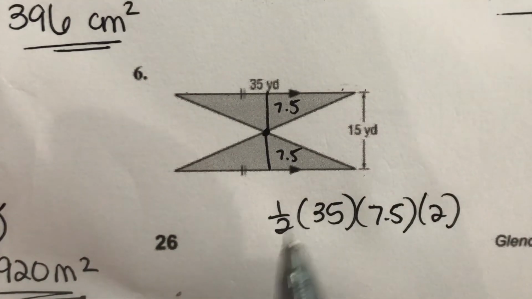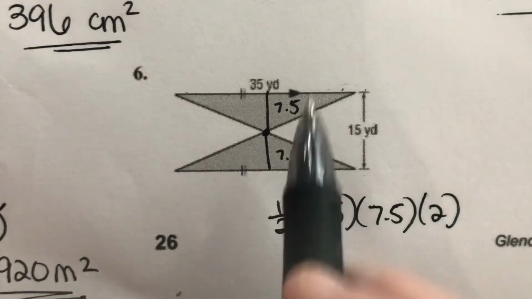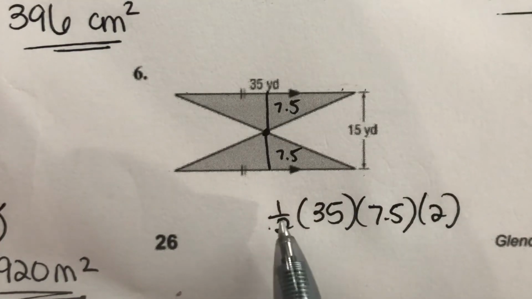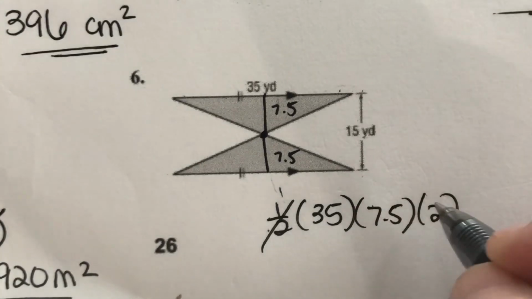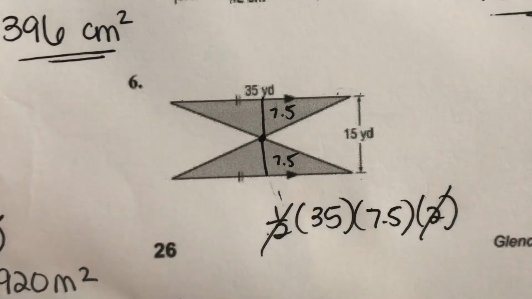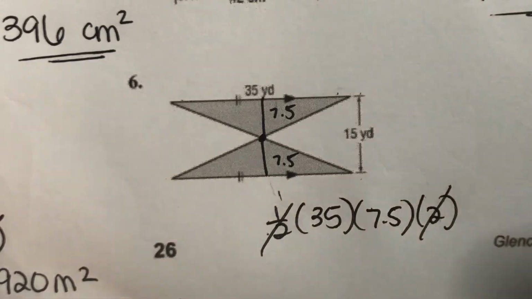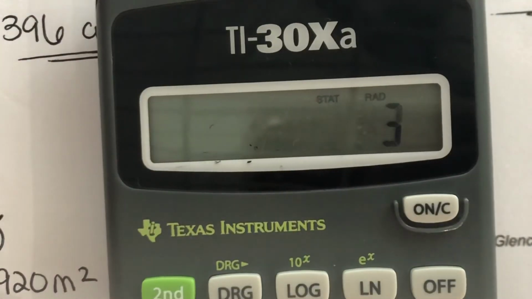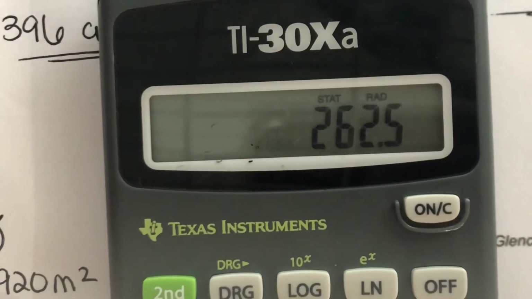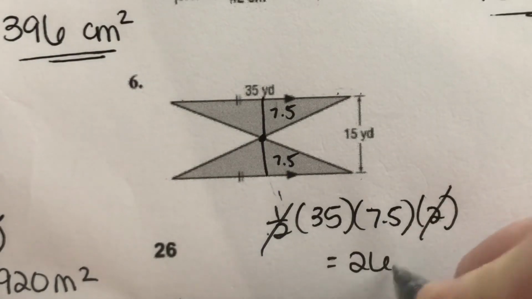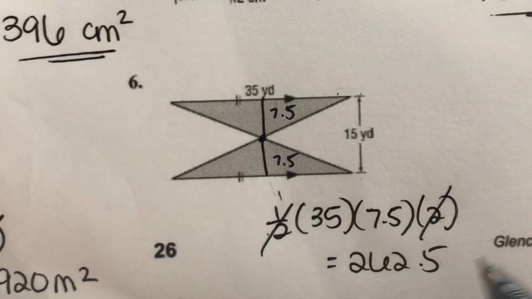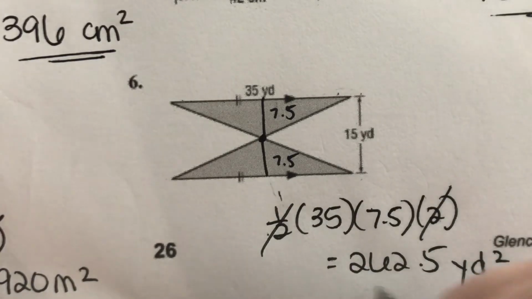Since there's 2 of them, this 1/2 times 2, they're gonna cancel each other out. And we're left with 35 times 7.5, which is 262.5. And that's in yards squared, square yards.